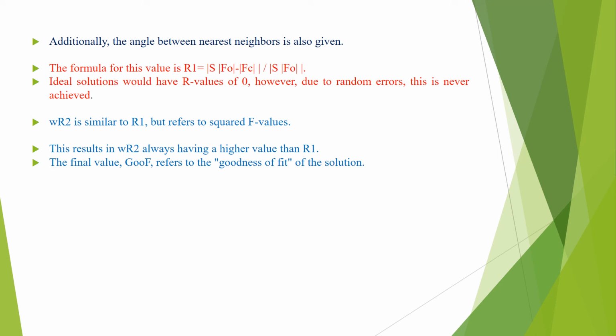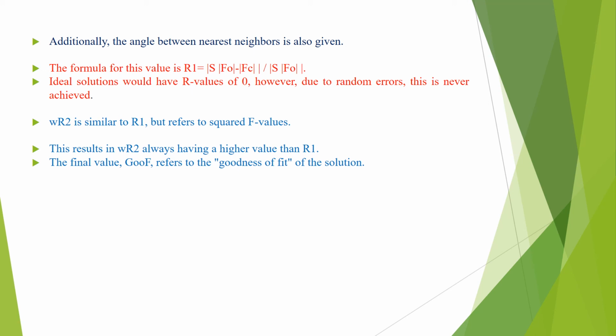R1, often called the R value, is the agreement between the calculated and the observed models. The formula for this value is R1 equals the sum of the modulus of F O minus F C, where F O means observed values and F C means calculated values, divided by the sum of the modulus of F O. An ideal solution would have an R value of 0.